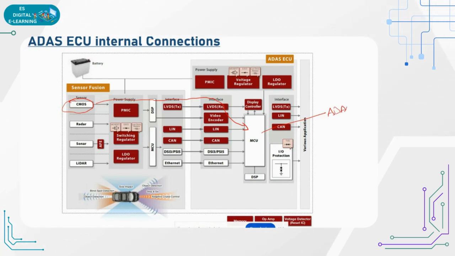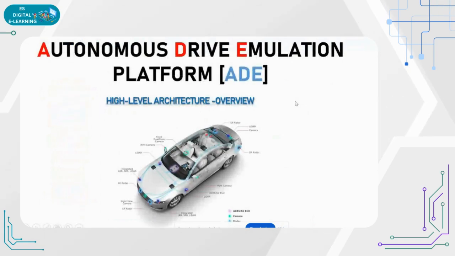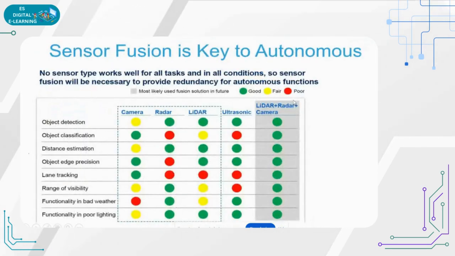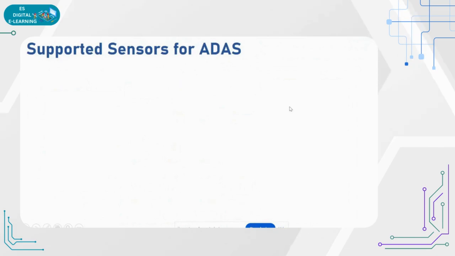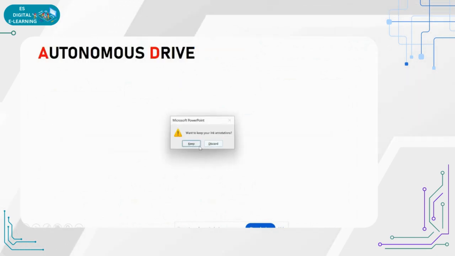That ADAS ECU is the master ECU, with the help of which we can see the warnings, and the action steps will be followed. It will decide the action.